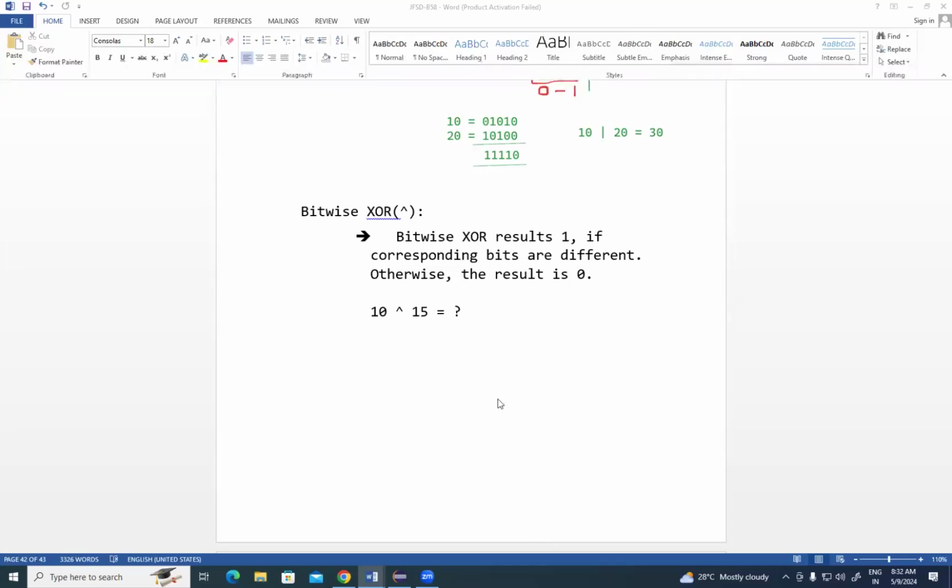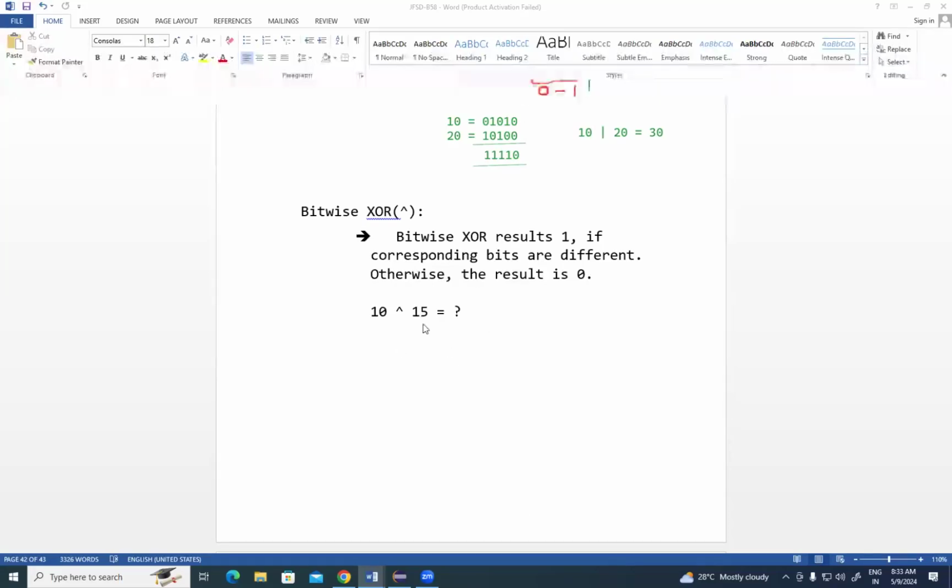Suja is saying 5, Ravali is saying 30, Harika is saying 5. What is the result of 10 XOR 15? 5.